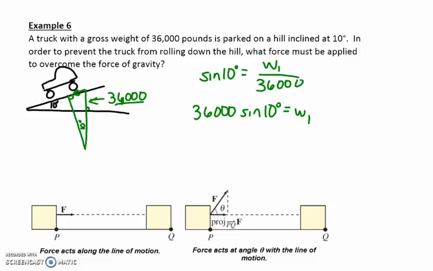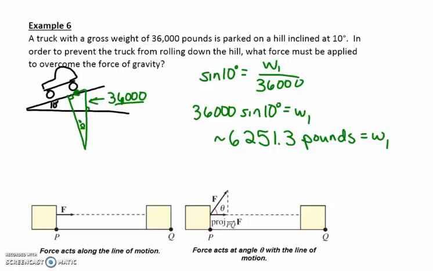And so W sub 1 is going to be approximately 6,251.3 pounds. And so 6,251.3 pounds of force must be applied to overcome the force of gravity.